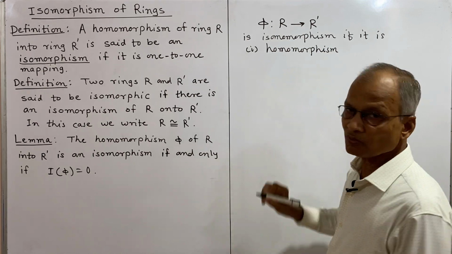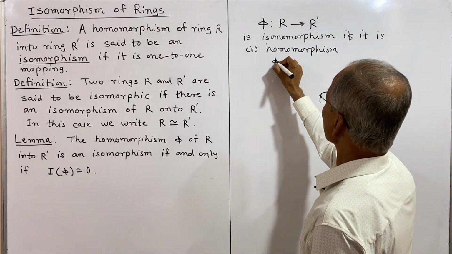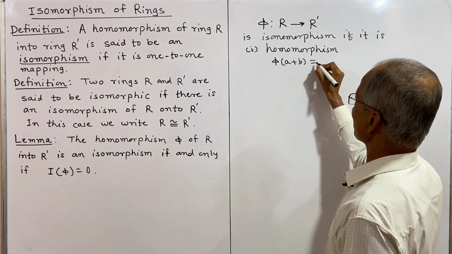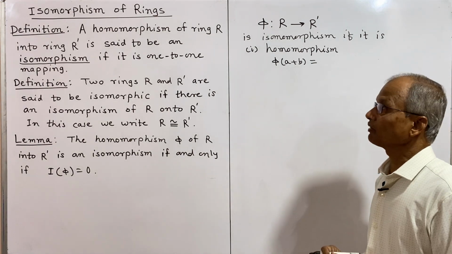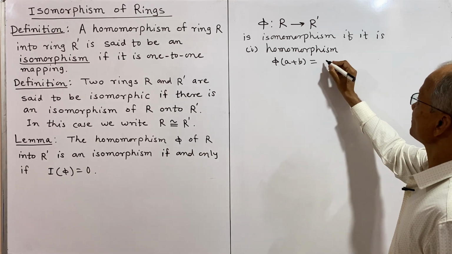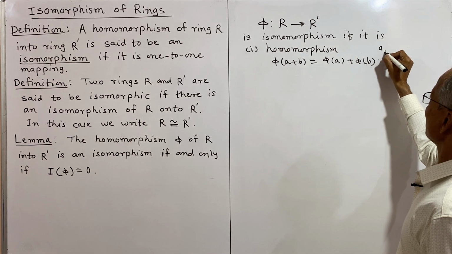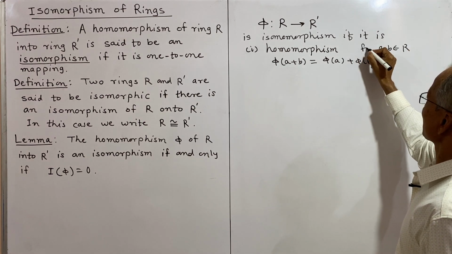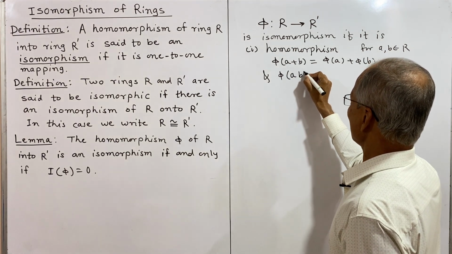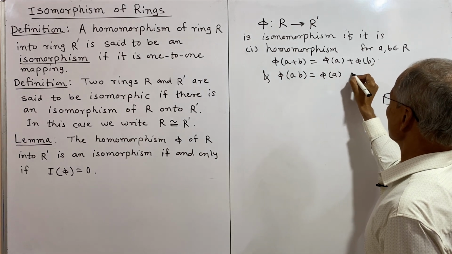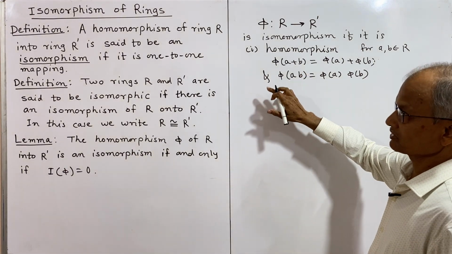And what are the two properties of homomorphism? We have seen earlier, the structure preserving properties. You should refer to the earlier lecture, which is lecture number 6 on homomorphisms. Phi of A plus B is equal to phi of A plus phi of B for A, B belonging to R. And the second property is phi of A into B is phi of A into phi of B. These are the two properties of homomorphism that must first be satisfied.